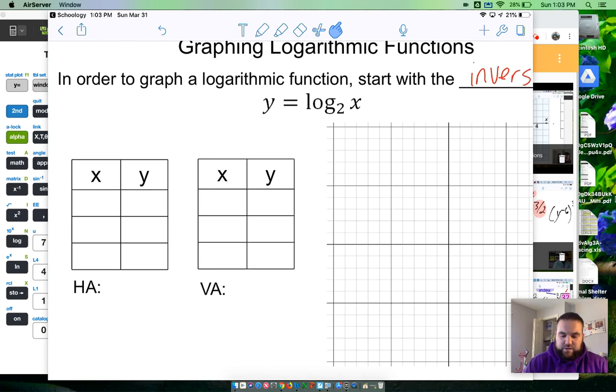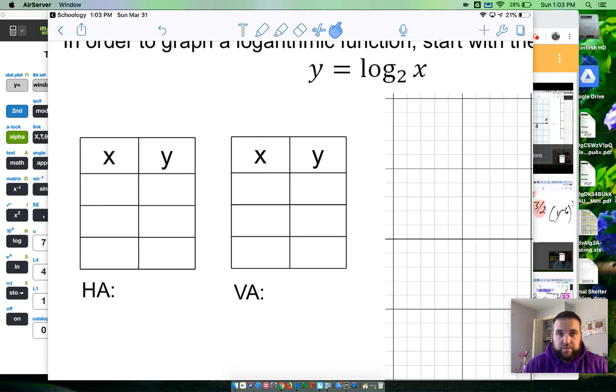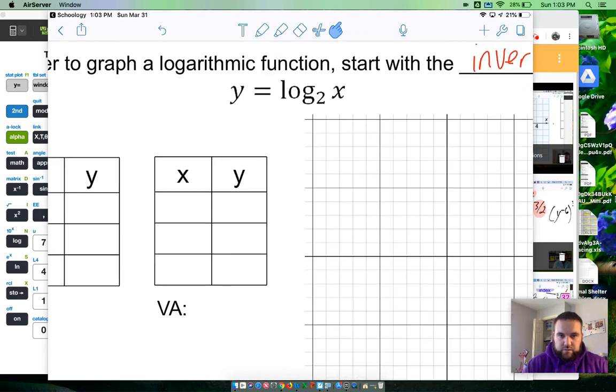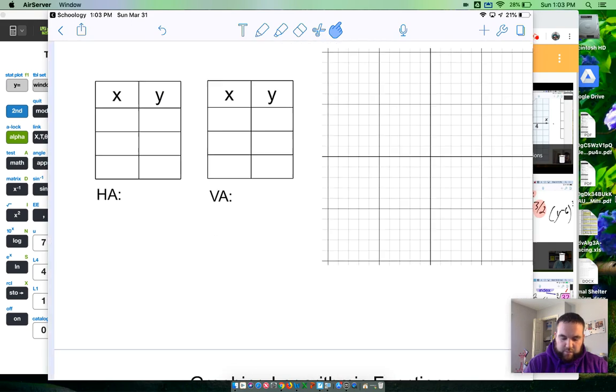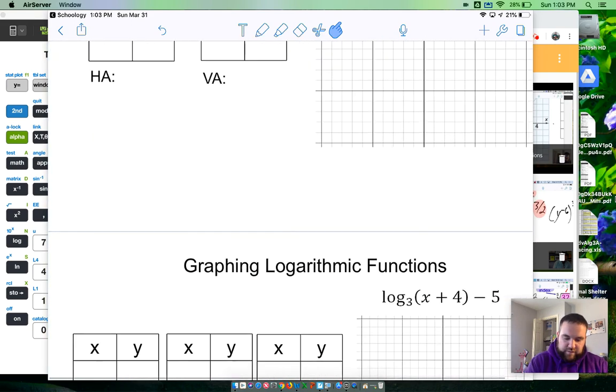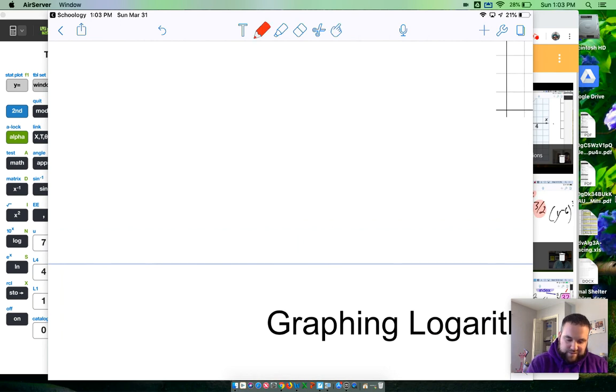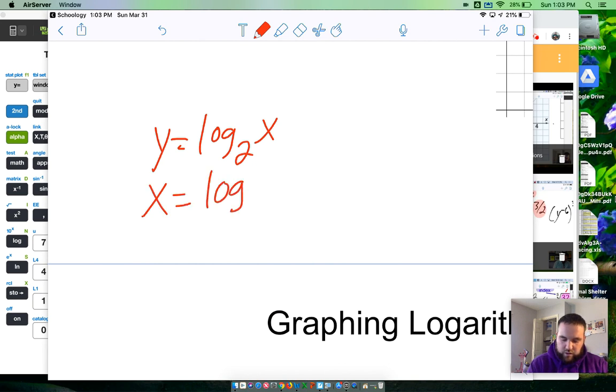And you might say to yourself, well, how in the heck do I find the inverse of this? Well, to find the inverse of log base 2 of x, I know I need to switch x and y around. So this would be log base 2 of y.